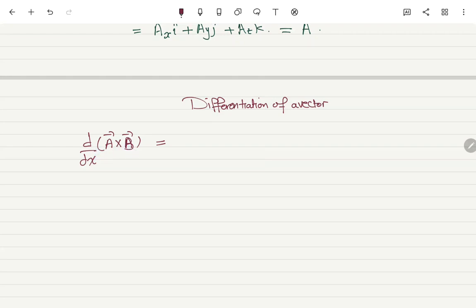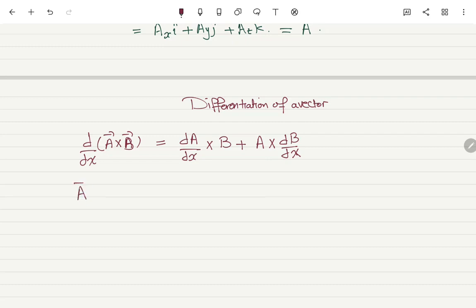It's very important to keep the order. So d(A cross B) by dx equal to dA by dx cross B plus A cross dB by dx. Again, the order here is very important.